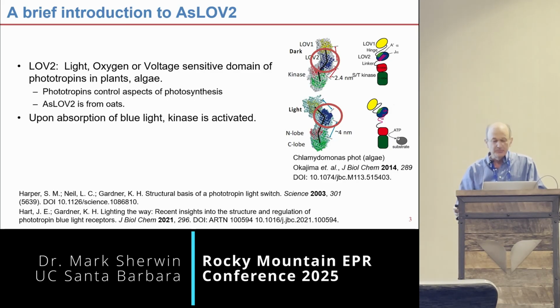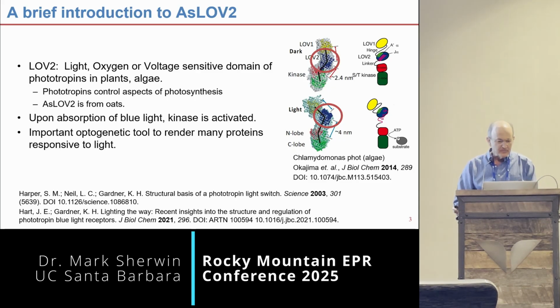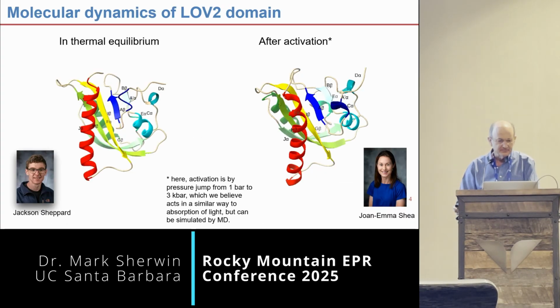Upon absorption of blue light, a kinase is activated and can begin phosphorylating ATP. These are important optogenetic tools that can render many non-photoresponsive proteins responsive to light.